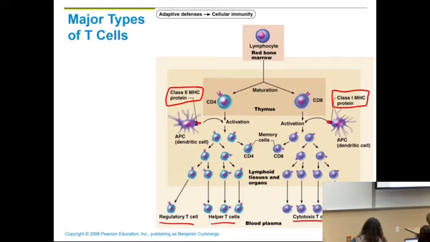And if it's not, that MHC1 molecule will be kind of corrupted, and that will set off a T cell immune response. It'll recognize that, okay?